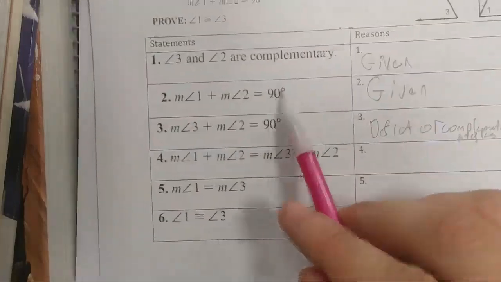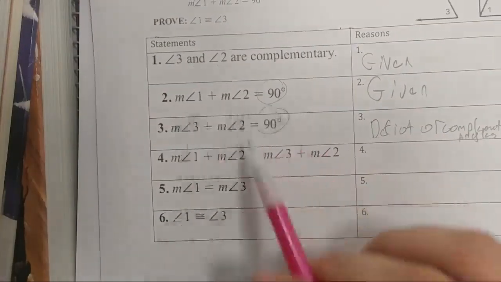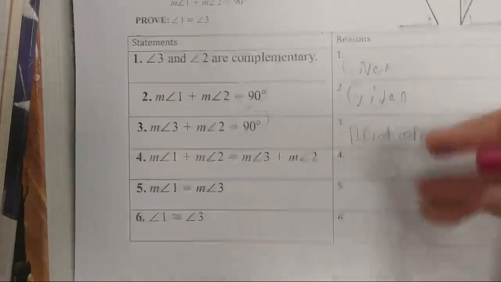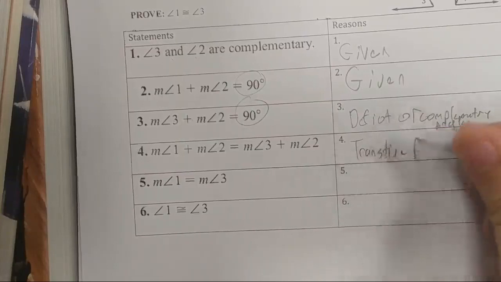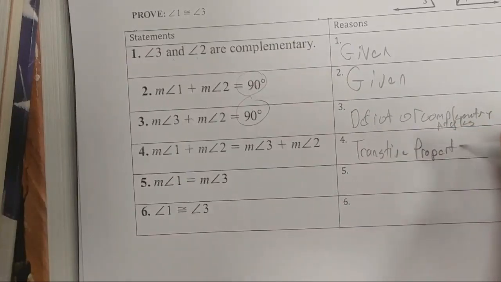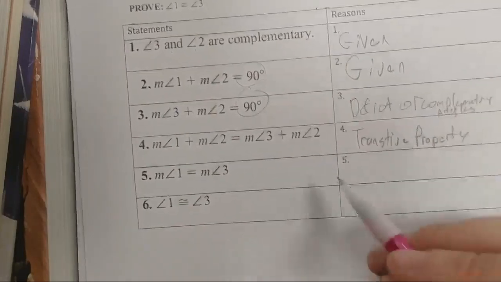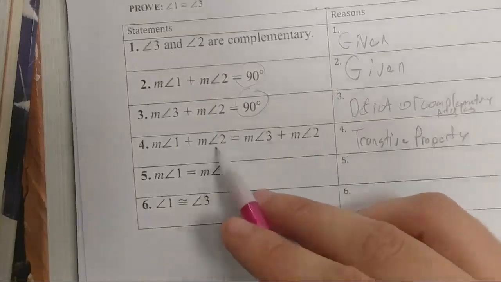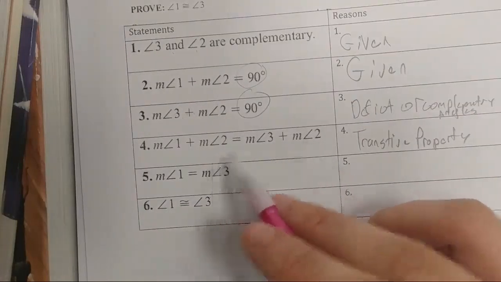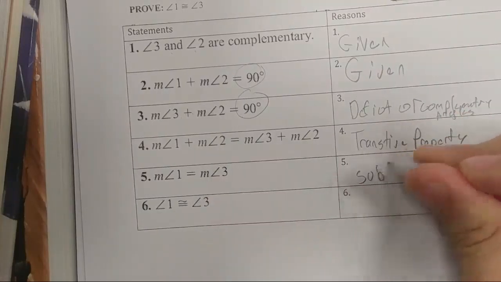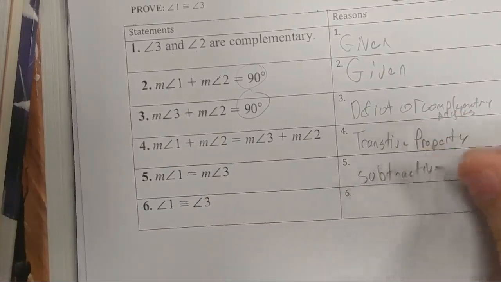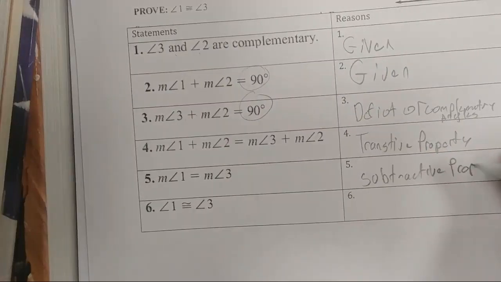Okay. So since this equals 90 and this equals 90, I can set these two equal to each other with the transitive property. And since these two, and then you have measure of 2 and measure of 2 here, so what could I do to get rid of these? Then that means I could subtract. So that's the subtraction property.